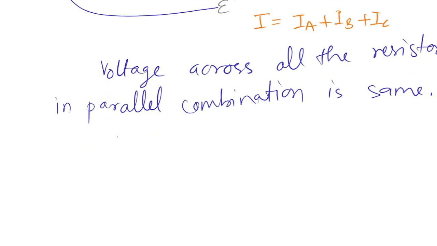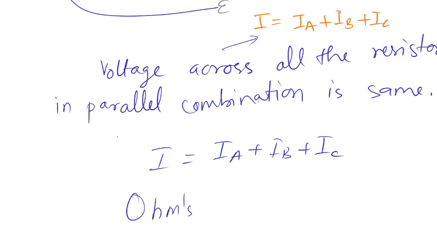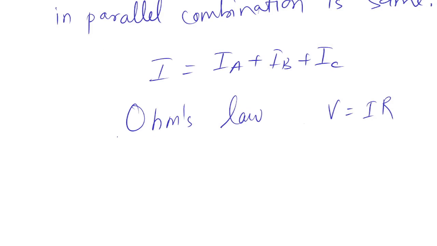So when the voltage is the same, we can write this formula first of all, which we have written just above this line. I can write I is equal to IA plus IB plus IC, and from Ohm's law, I can write V is equal to IR, and I is equal to V by R, correct?